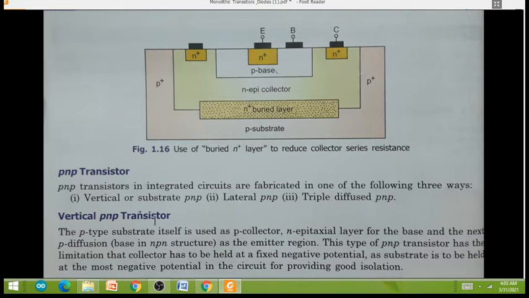Vertical PNP transistor, that means the way we are preparing the NPN transistor, the same way we can prepare the PNP transistor. Only the variation, the substrate we have to take the P substrate itself use as a P type collector. So सीधा पूरा substrate है that is working as a collector.